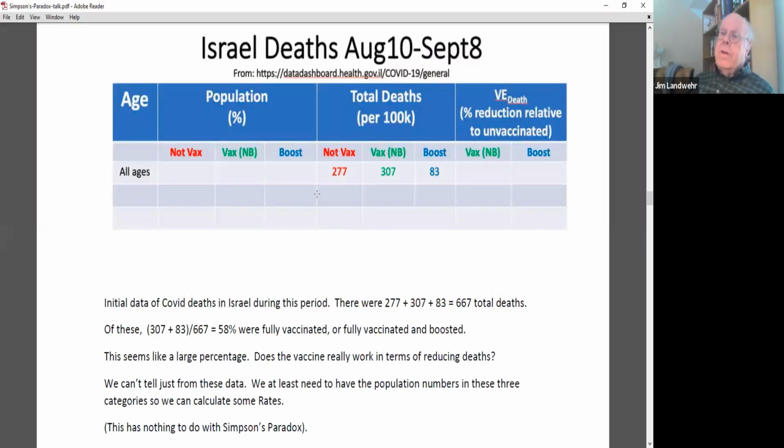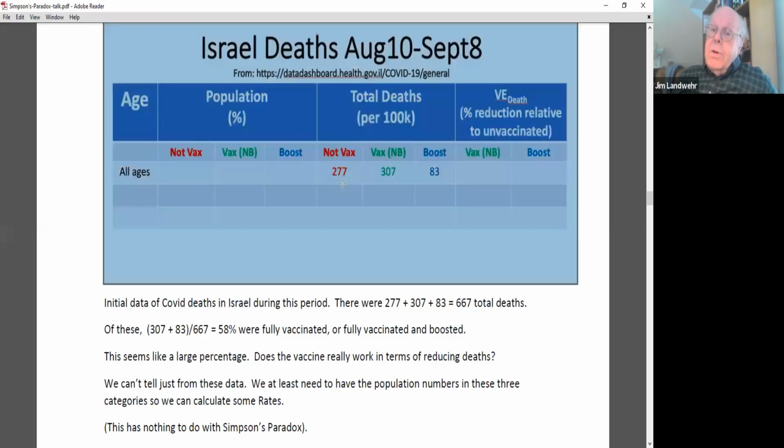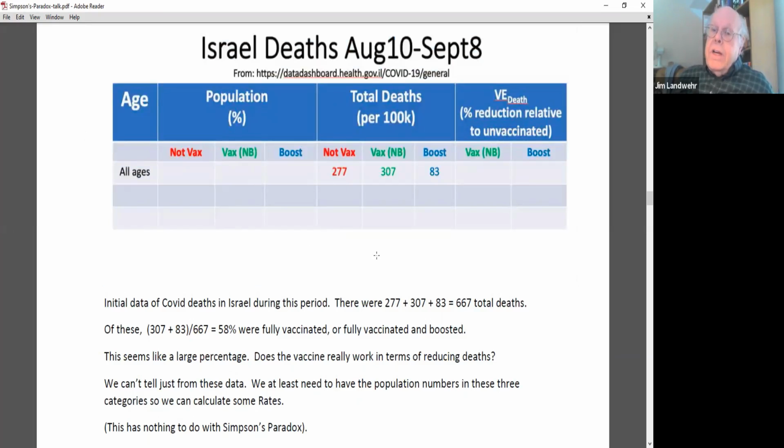The total number of deaths in Israel from COVID during this period was 277 deaths of non-vaccinated people, 307 deaths of people who had been fully vaccinated but hadn't received the booster shot at that time, and 83 deaths of people who had been fully vaccinated and received the booster.